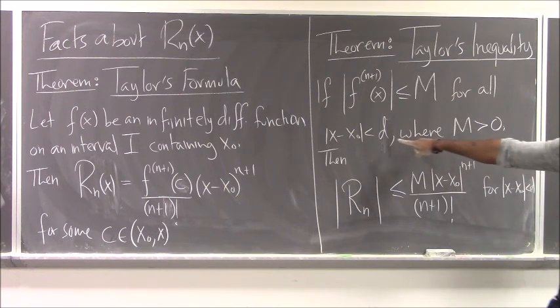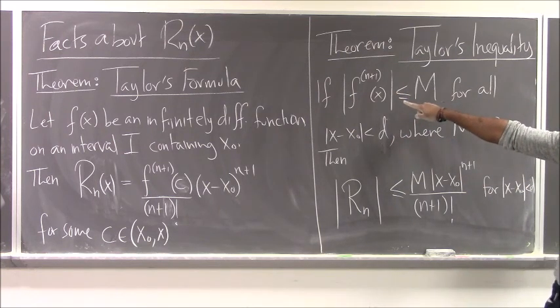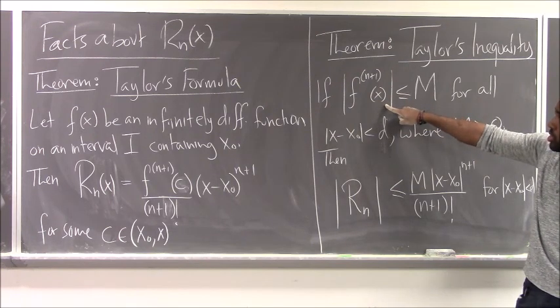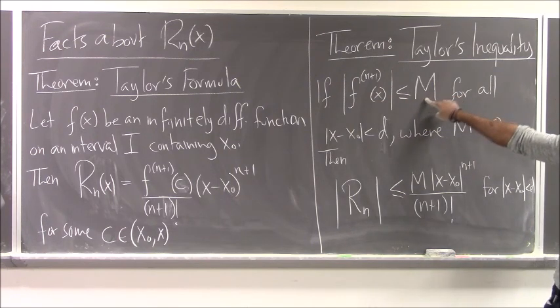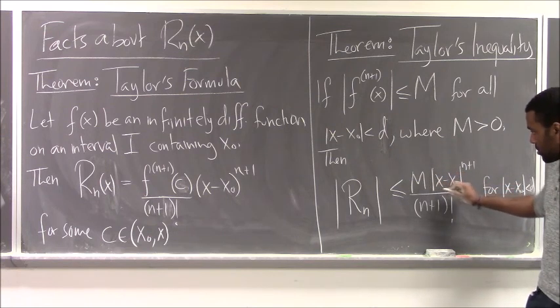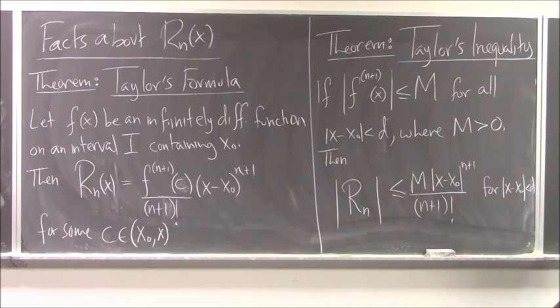On the same interval where you find an interval surrounding x naught where your n plus first derivative is bounded above by m, your remainder term is going to be bounded above by this expression. And these are absolute value signs here. This is called Taylor's inequality.